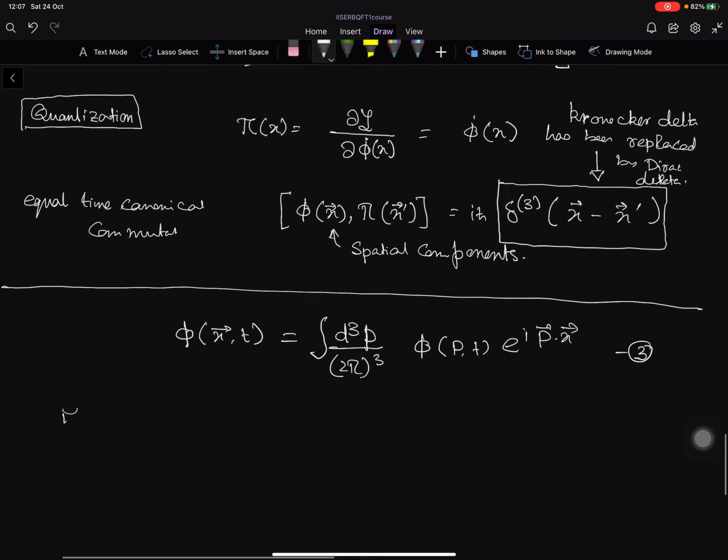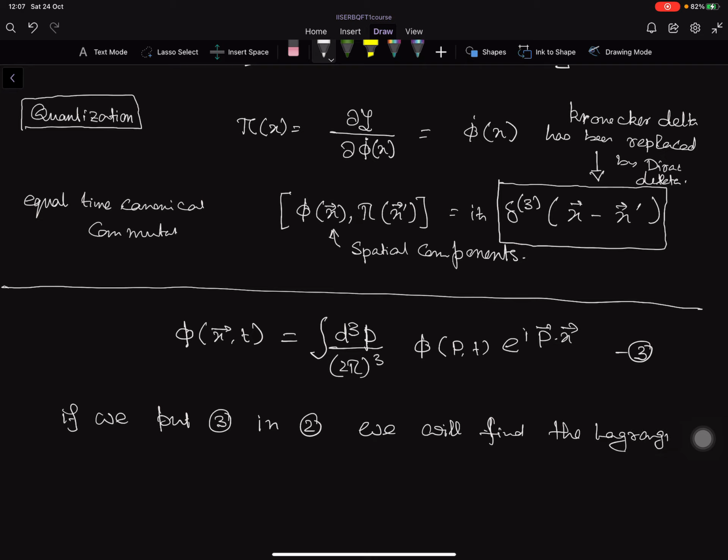So if we put 3 in 2, we will find the Lagrangian to be the same as 1. Okay, check it.